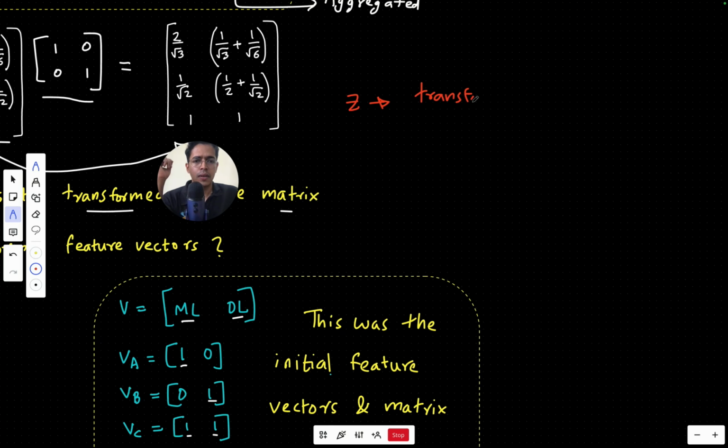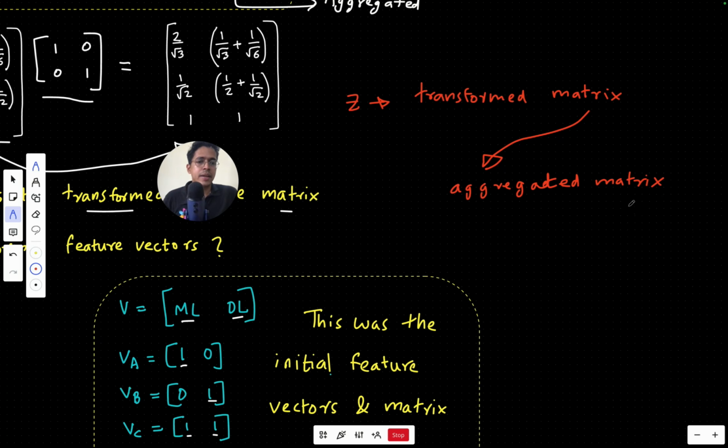Transformed matrix. And what was this matrix? Which matrix did we transform? We transformed the aggregated matrix, right? What was this aggregated matrix?